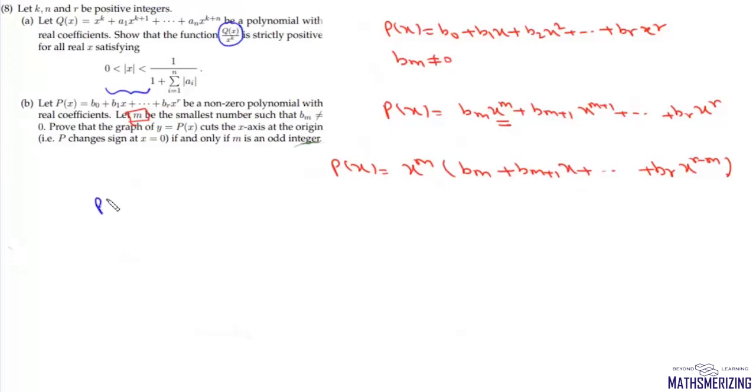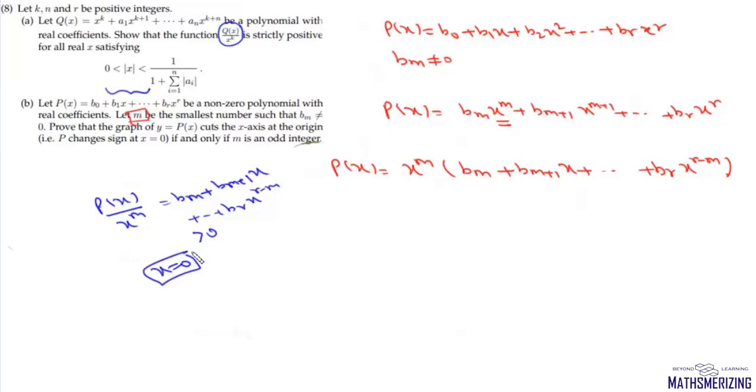So it simply means px upon x to the power m, which is bm plus bm plus 1x plus br x to the power r minus m, is positive in the neighborhood of x equals 0.